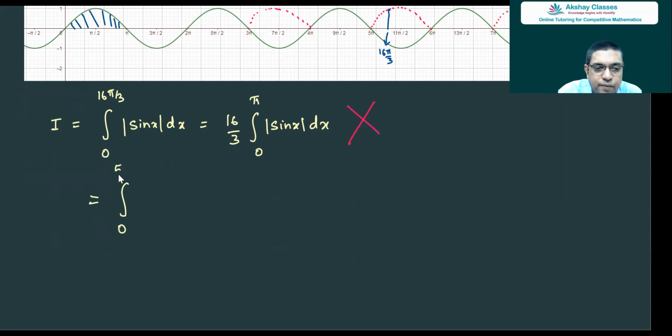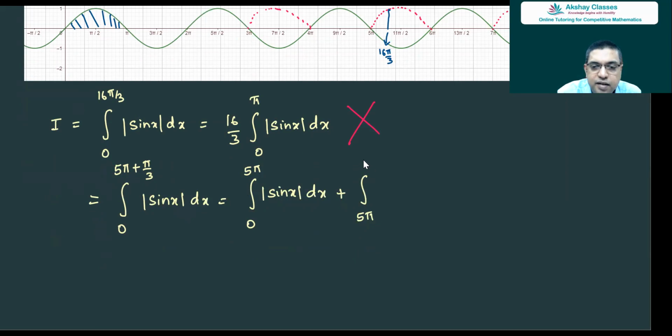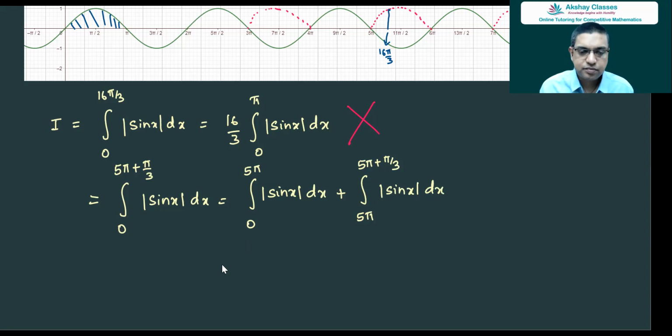Okay. The correct step is this. Integral 0 to 5 pi plus pi by 3 of modulus of sin x dx. This will be integral 0 to 5 pi mod sin x dx plus integral 5 pi to 5 pi plus pi by 3 mod sin x dx. Now, on this we can apply that periodicity formula.